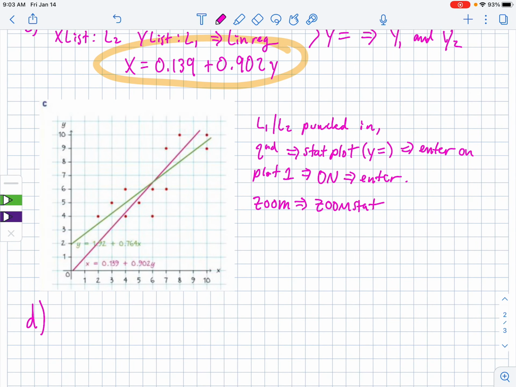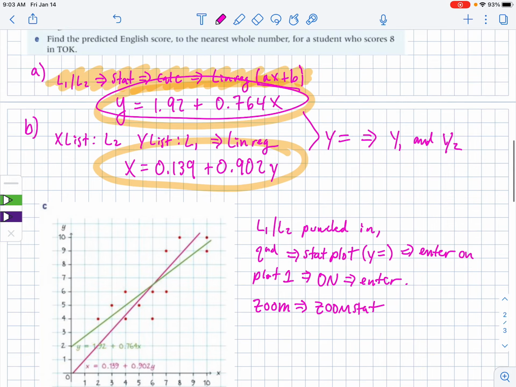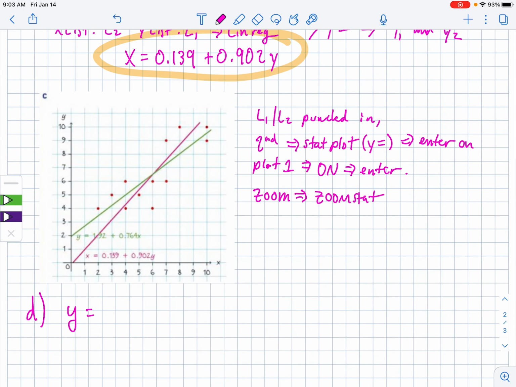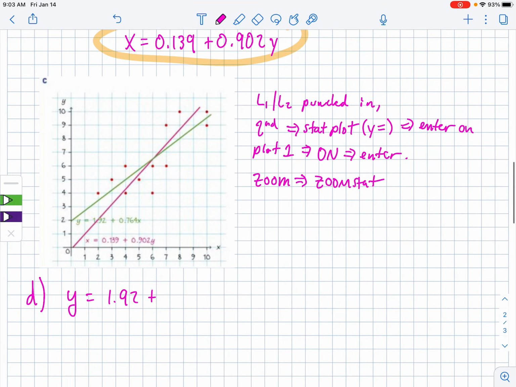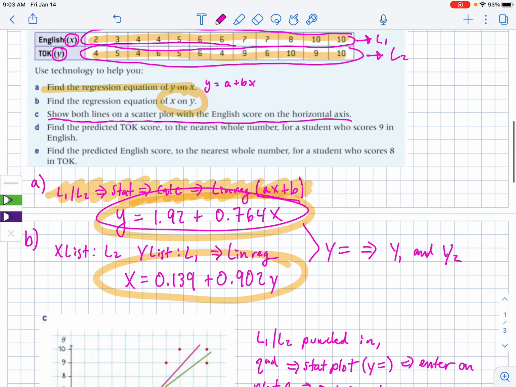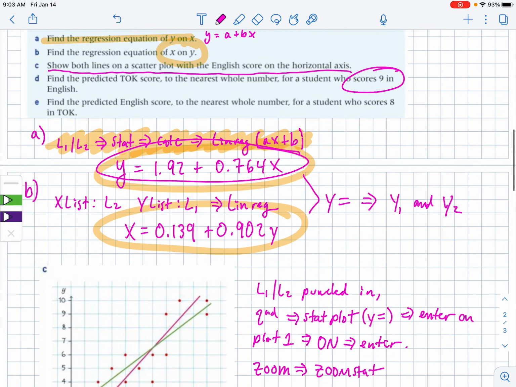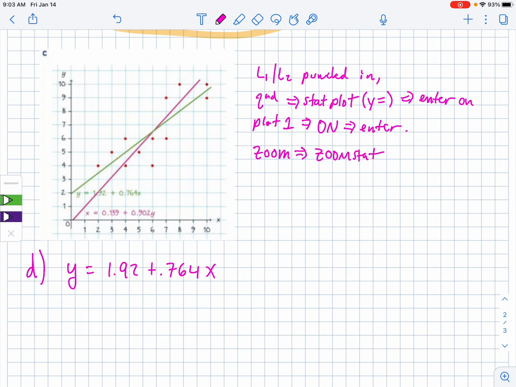0.764x. So for part D, y equals 1.92 plus 0.764x. And we had to punch in a score of 9 in English. So we just say y is equal to 1.92 plus 0.764 times 9.